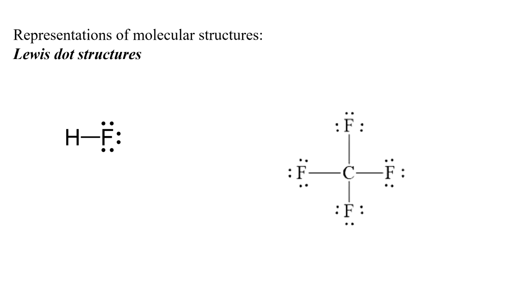Therefore, each fluorine will bond to carbon 1 time. So there are 4 single bonds, 4 single carbon-fluorine bonds to form carbon tetrafluoride. And we'll look later on at what this implies about what the topology or molecular shape of the system is. We'll use those molecular model kits to help us to understand that later.